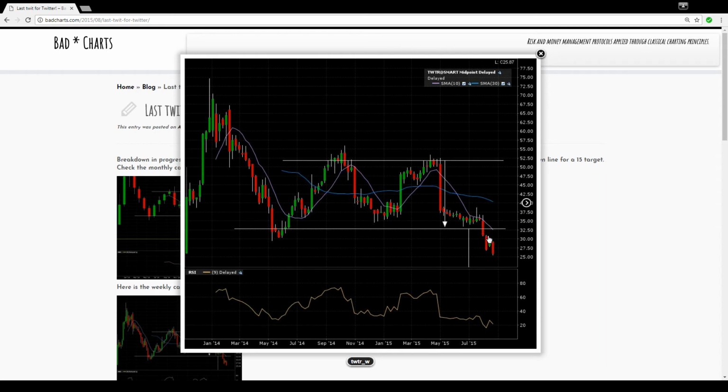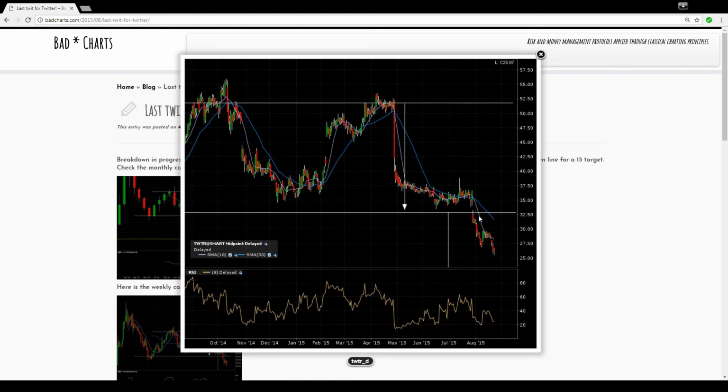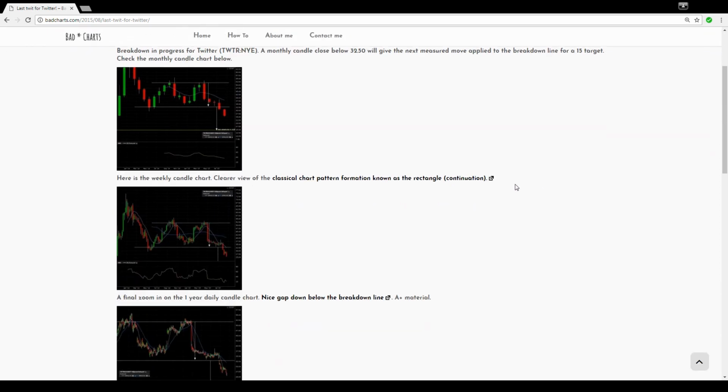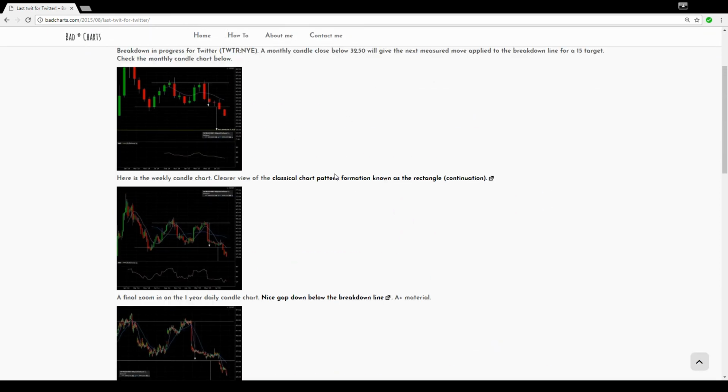I saw on the weekly there was a breakdown also a few weeks earlier, and on the daily it had broken down a while back and had already started its downward trend toward the target. You could see how I set it up here in the blogs, lots of links.